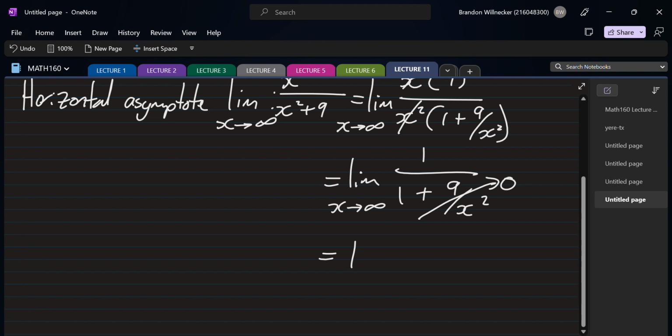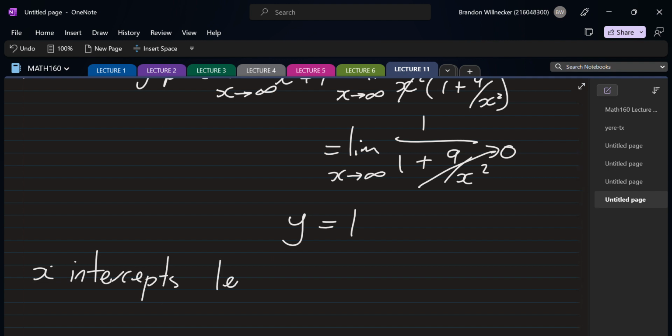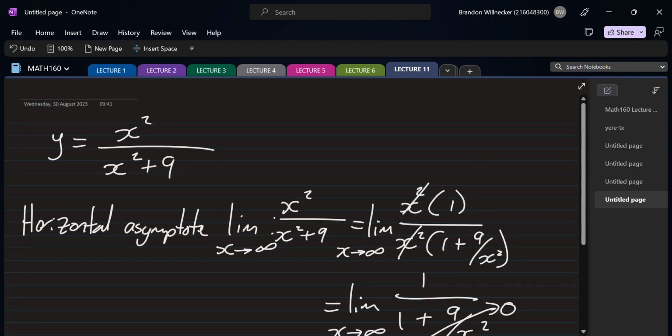Okay, so we've got a horizontal asymptote at y equals 1. And then we can calculate the x-intercepts and y-intercepts. For the x-intercepts, we let y be 0. What do we get? If we let y be 0, the only solution we get is x is 0.